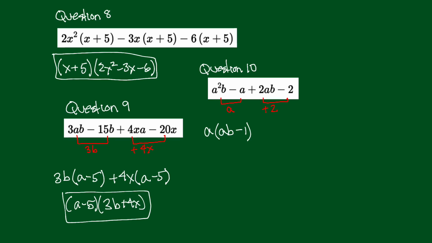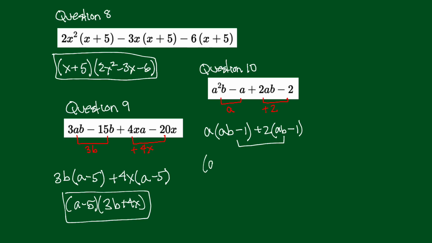In the second group, take out that plus 2. If you take out that plus 2, what's left is an AB. And then negative 2 divided by 2 is minus 1. That's what's supposed to happen, right? Now you notice this.